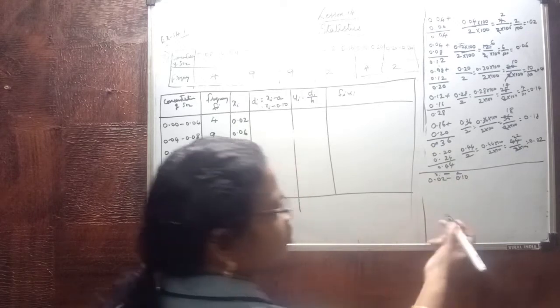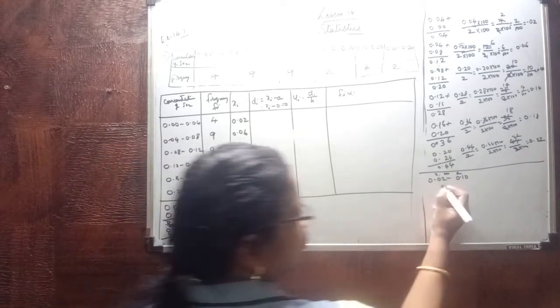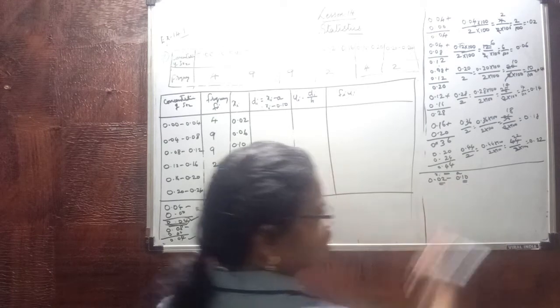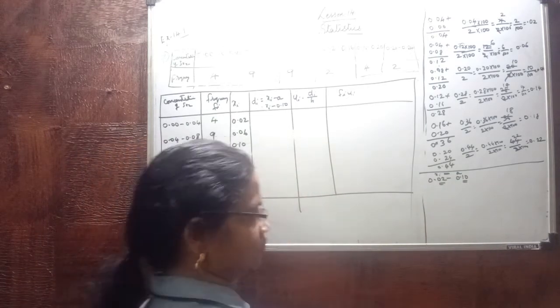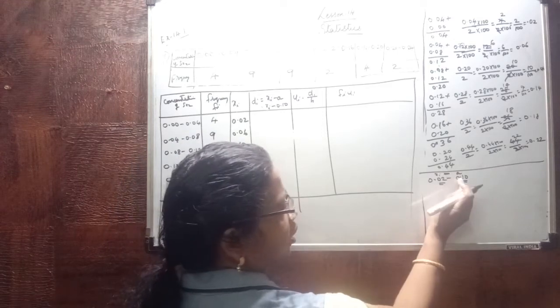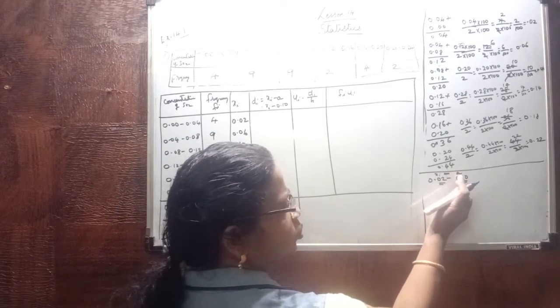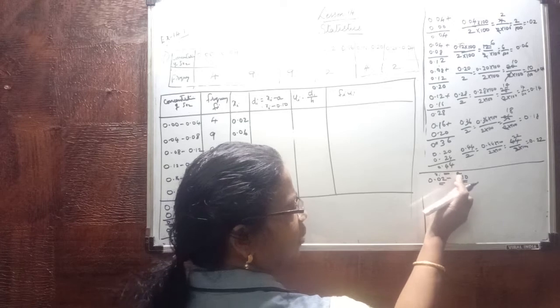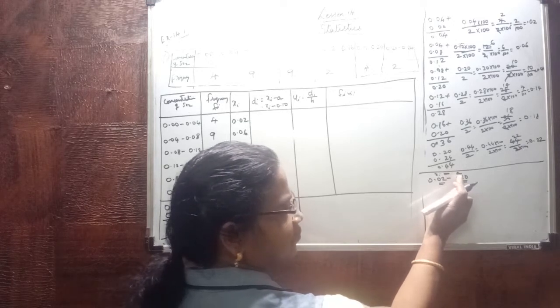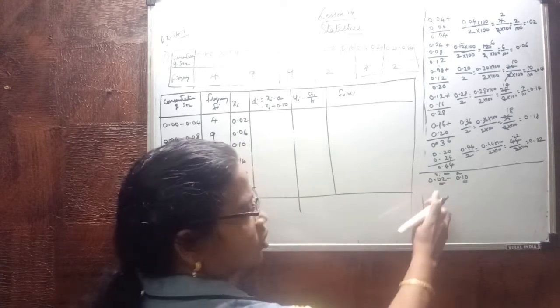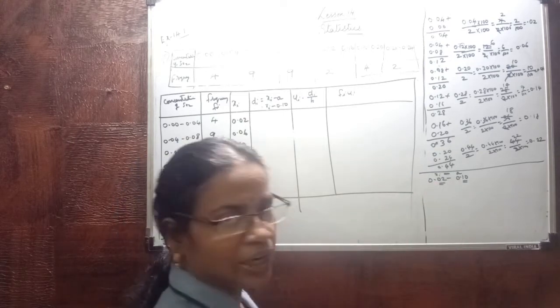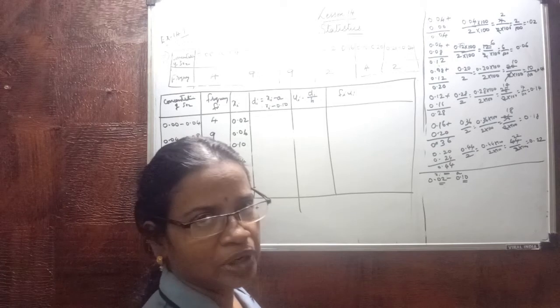Now look, here this is xi minus a. Here which one is the bigger one, 0.02 or 0.10? How will you find out? The easier method now: just think that there is no decimal point. The natural number is 10. Here also 0.02 means 2. So which one is bigger, 10 or 2? 10 is bigger.